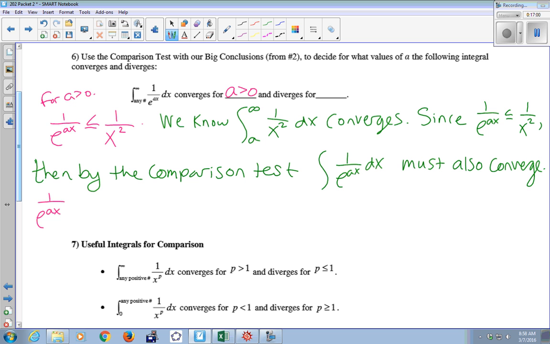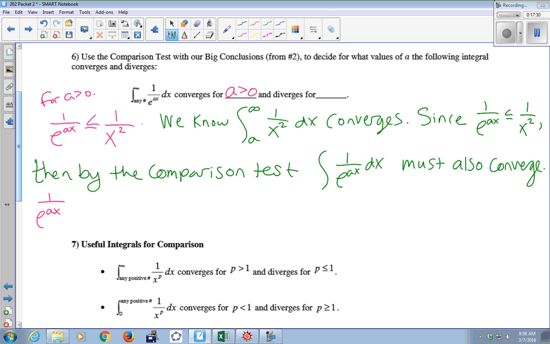Any exponential, for any positive A, 1 over e to the ax will be smaller than 1 over x squared, even if it's like 0.2. Any exponential will beat a quadratic. No, you're thinking of 1 over x to the p. This is a new function.